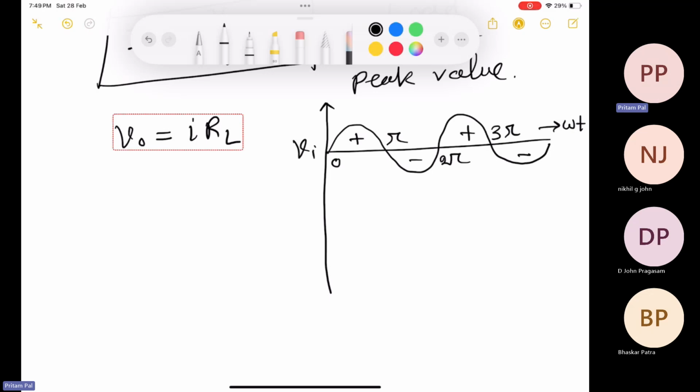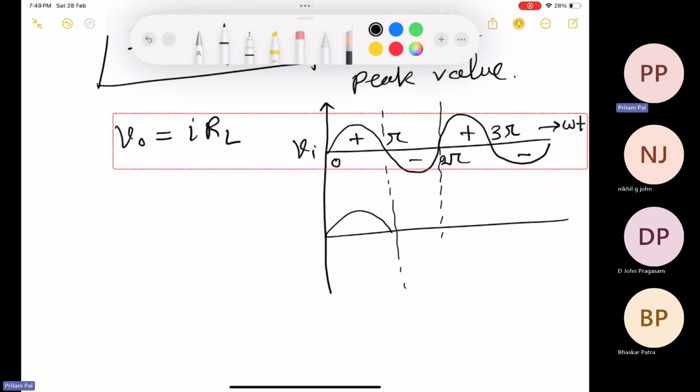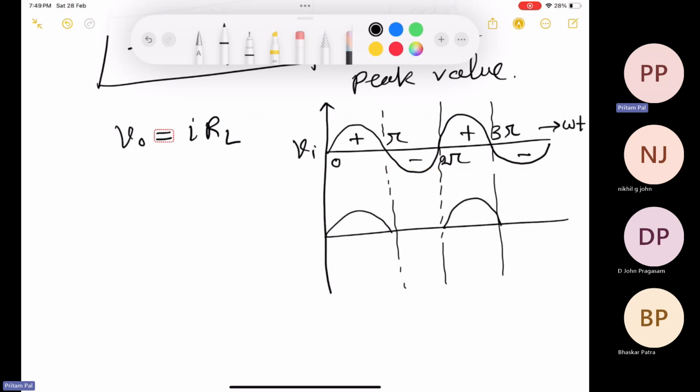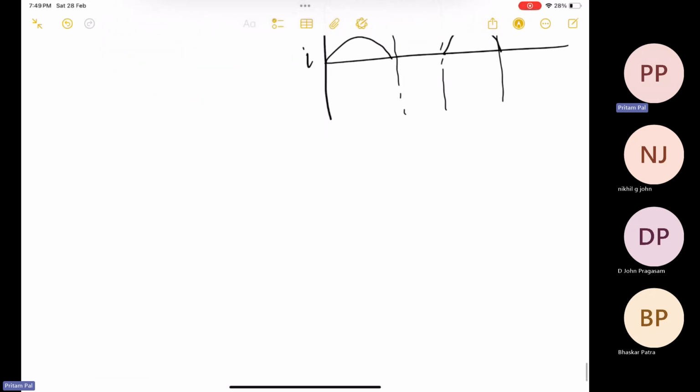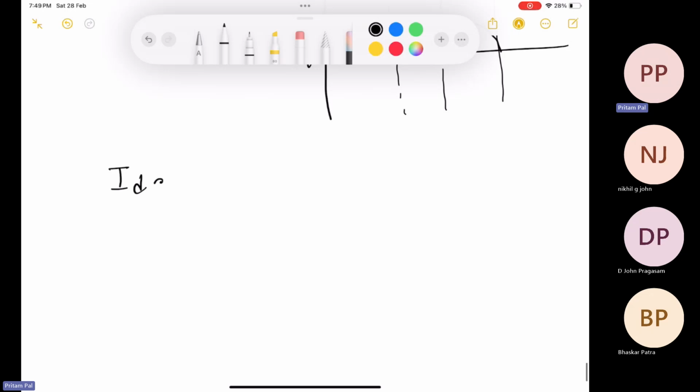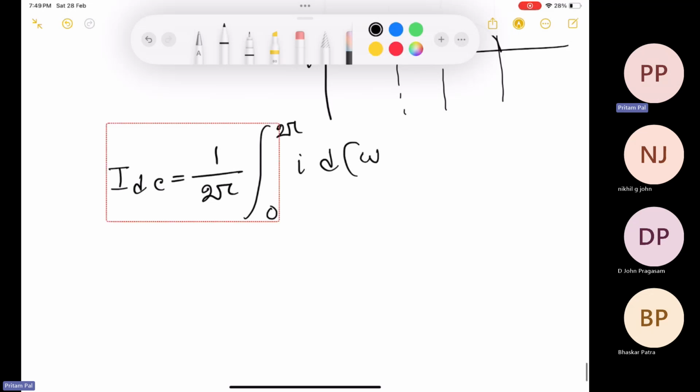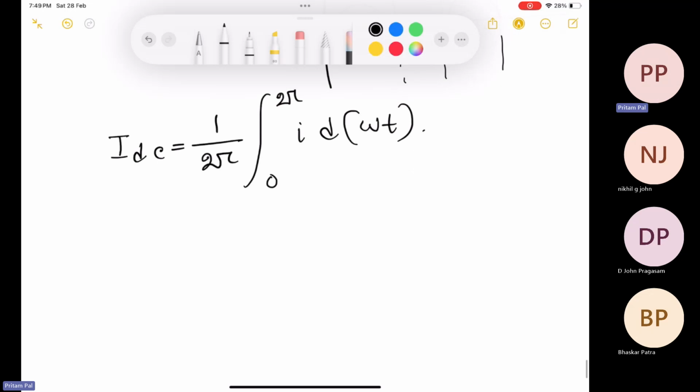This is Vi. Okay, this is the current. Now IDC will be I by 2 pi, integrated from 0 to omega t.